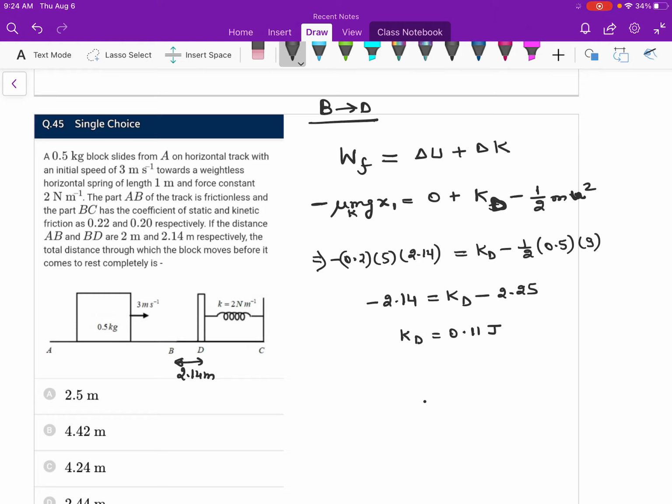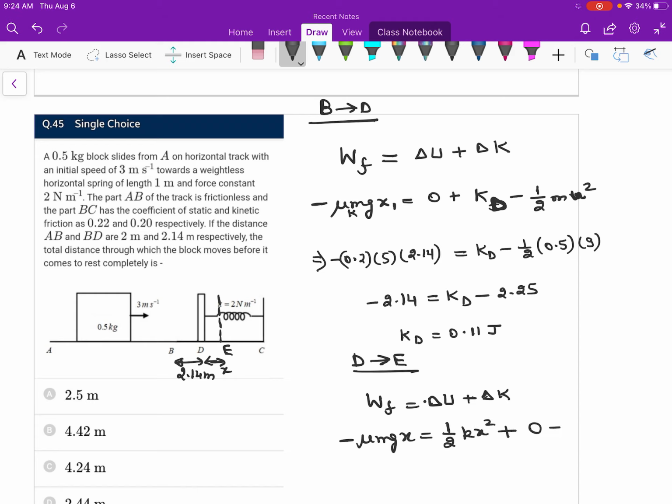Now let's say the block comes to momentary rest at position E, and this further distance is x. So between D and E, applying the energy change, W friction, again W external, which is W friction, is equal to delta U plus delta K. W friction is minus mu mg x, delta U is half k x square, delta K is final kinetic energy 0 minus initial kinetic energy 0.11.